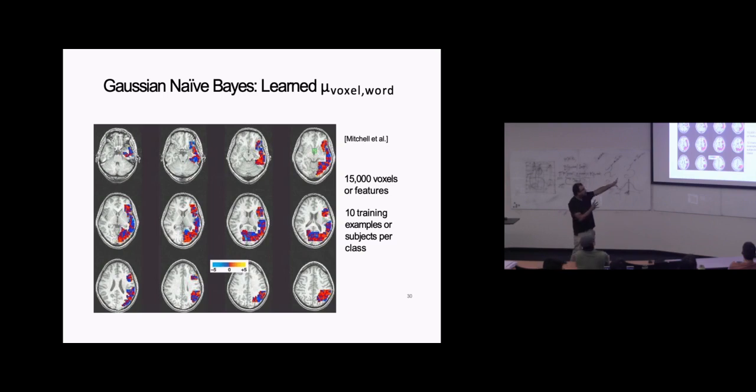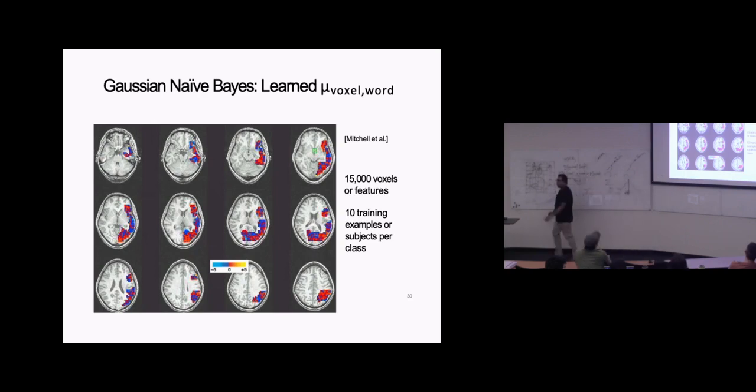So it's clear that different kinds of words cause different activations in our brain. And then when I have a new image like this, it's basically reading your mind. You can take an MRI picture of that person and try to predict what word the person is thinking.